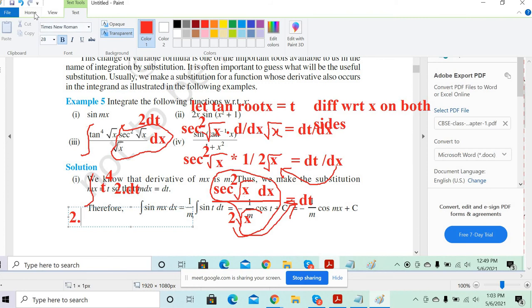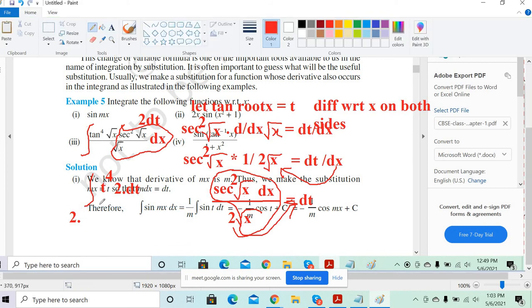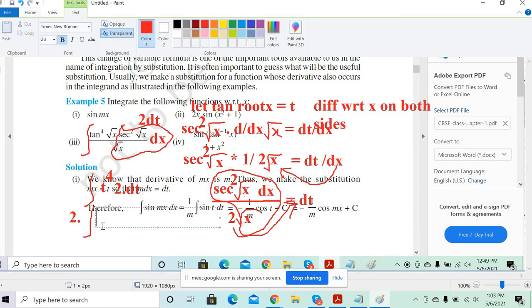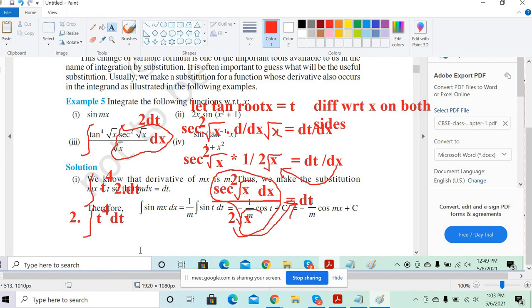Right? Yeah. So it becomes 2 t power 4 dt. Okay. See, the entire big expression simplified to become so simple in terms of t.